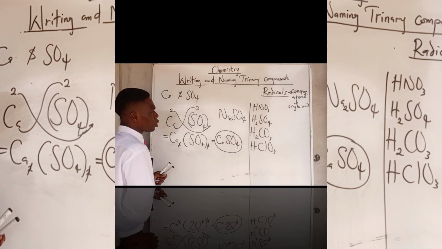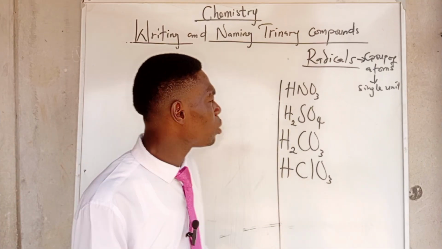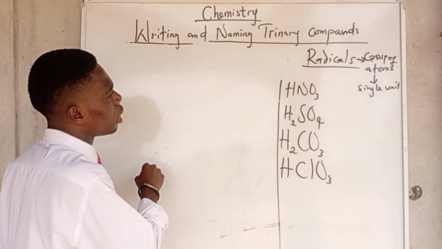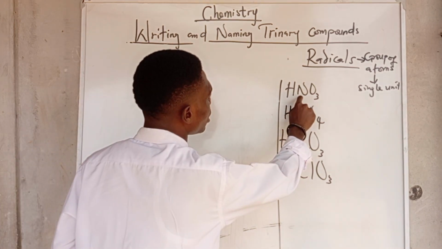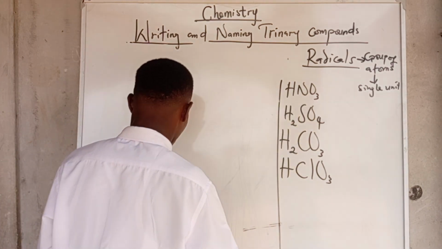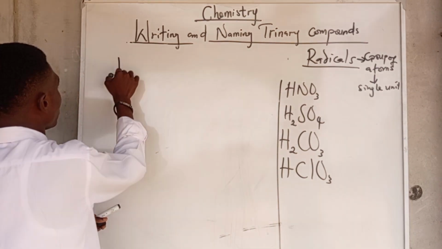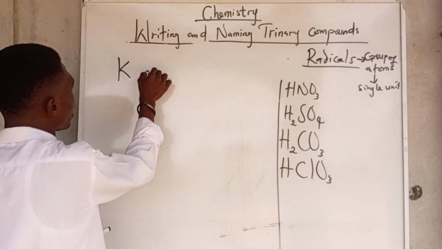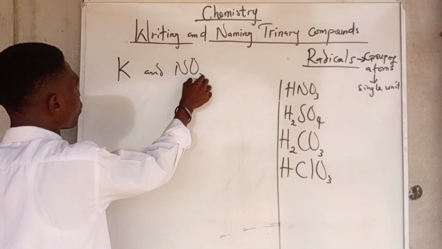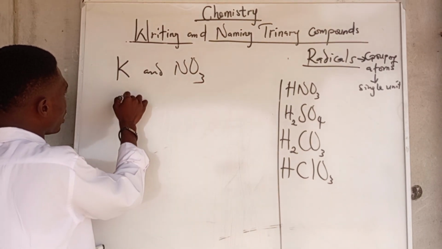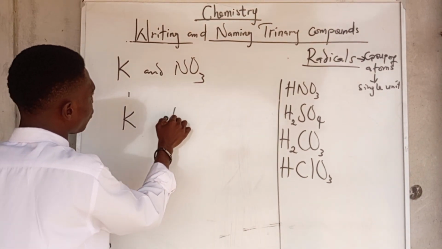Are we together now? All right, so let's look at the combination using this acid radical NO3. Let's say we are combining potassium, K, and this NO3. So we're going to also use the valencies. K, and the valency of potassium is 1, and then we have NO3.